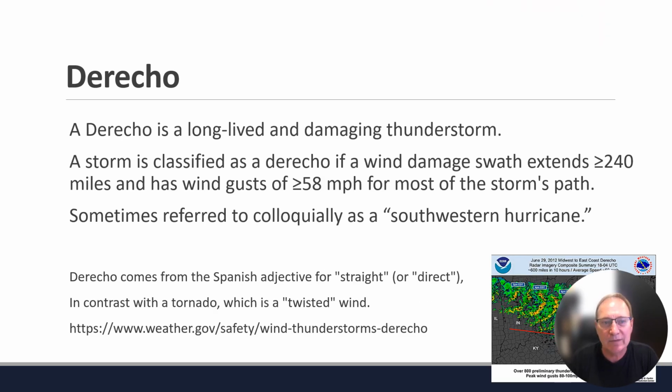So the other thunderstorm-related damage that we'll talk about, in the context of tornadoes and microbursts, is our third one, a derecho.